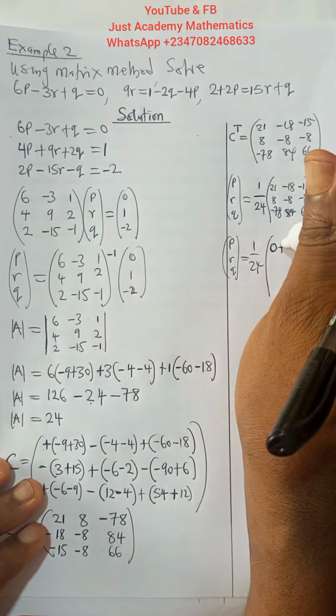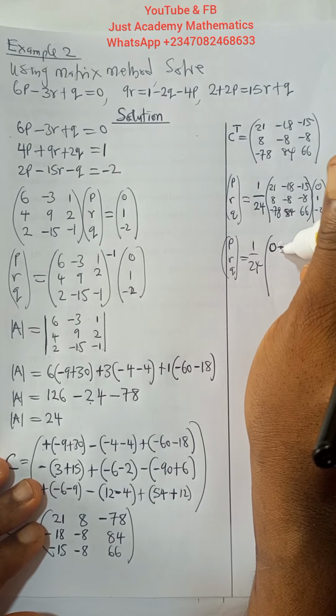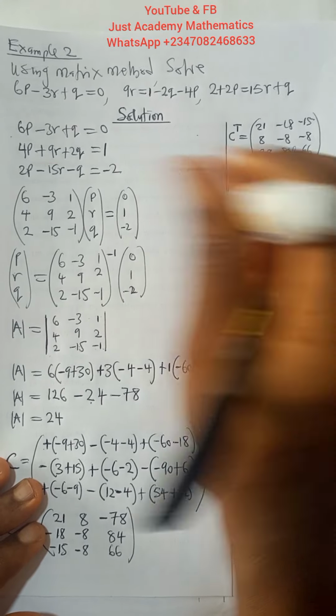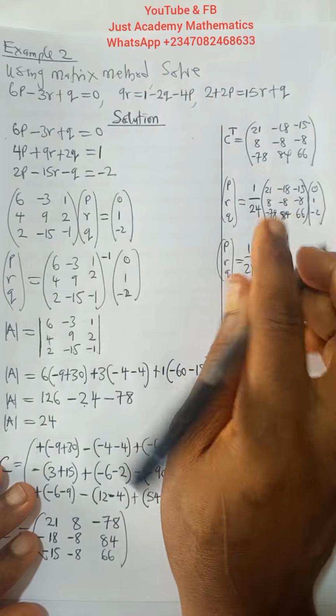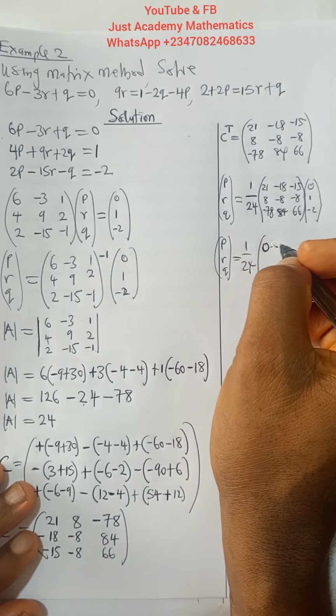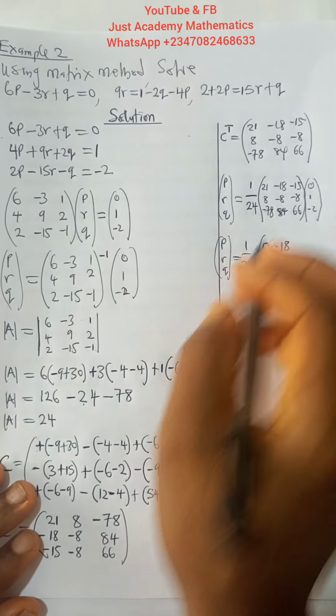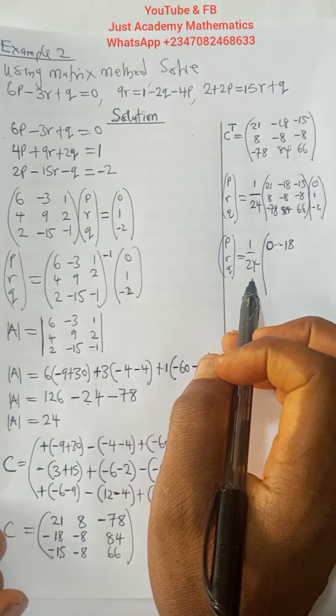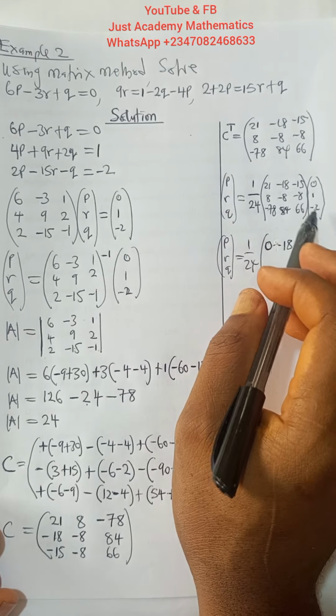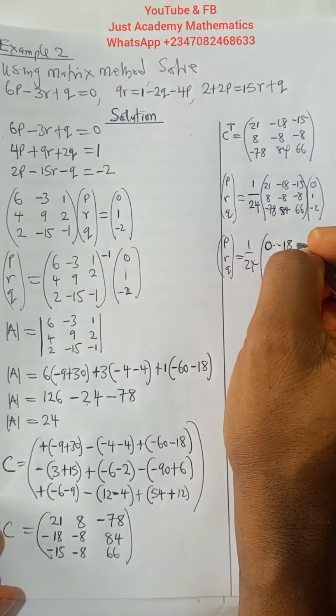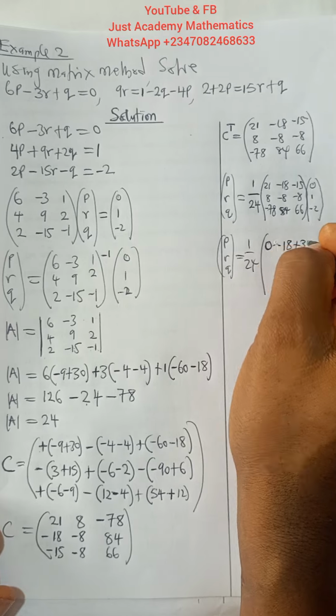Pardon me, here will now be negative 8. Minus 18 times 1 is minus 18. Followed by minus 15 times minus 2, which gives us plus 30.